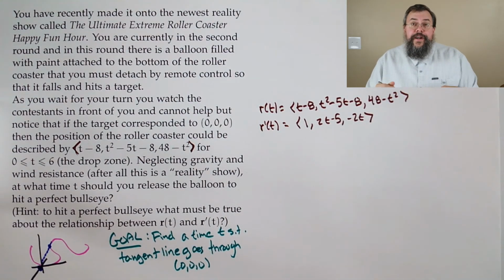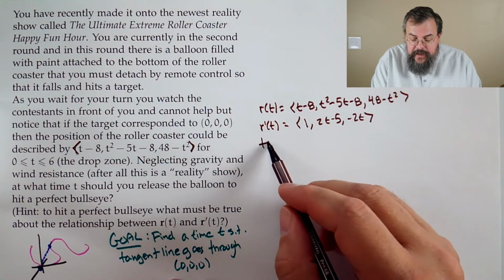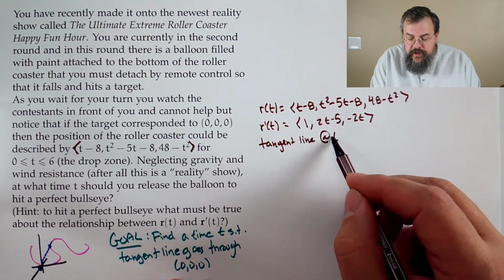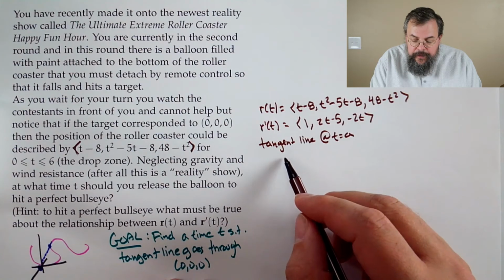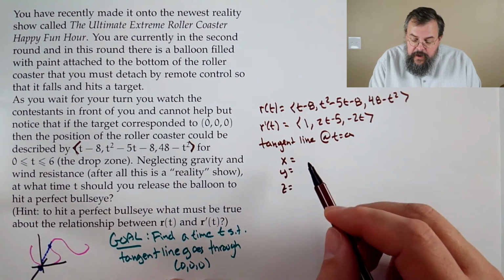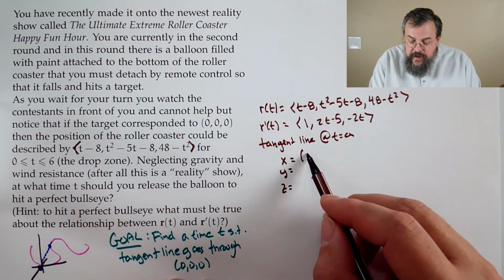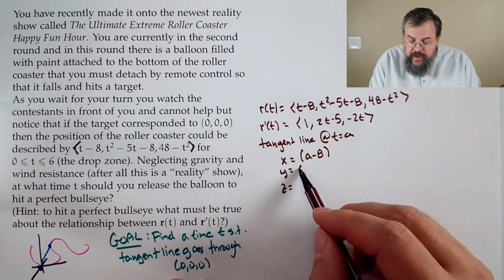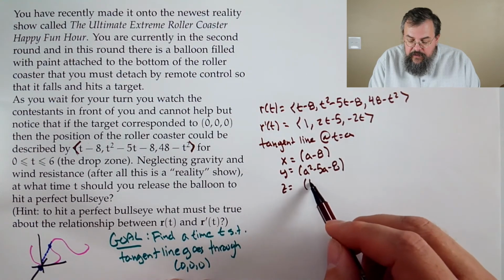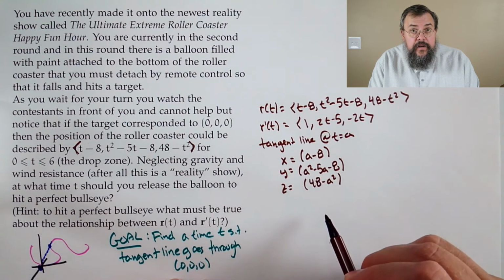So let's find our tangent line at A. Our tangent line at time t equals A, how would we write that? x equals, y equals, z equals. I'm going to plug A into here. So A minus 8, A squared minus 5A minus 8, and 48 minus A squared. That's our point.